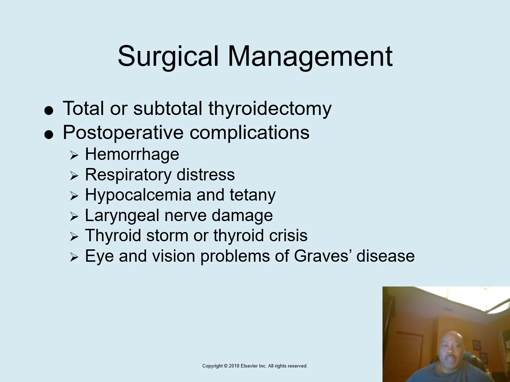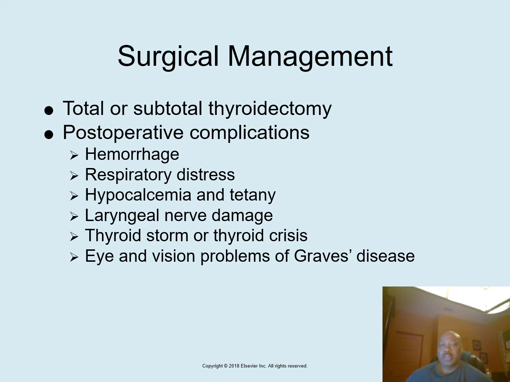Now, removal of a thyroid means that there would be a decreased production of hormones, and these patients will require lifelong replacement treatment. As far as the pre-op phase before surgery, these patients will have treatment with a drug called thionamide.